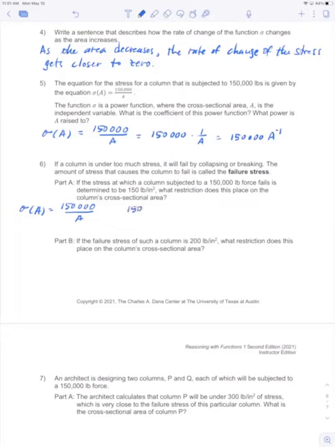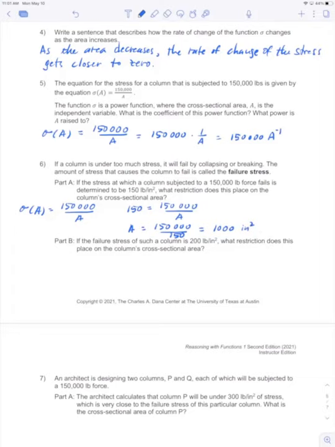The sigma of A is 150, and that's equal to 150,000 over A. And when we solve this for A, we get 150,000 over 150, and this ends up being 1,000 square inches.